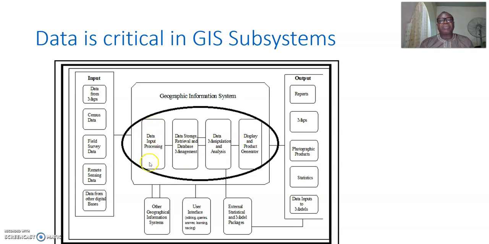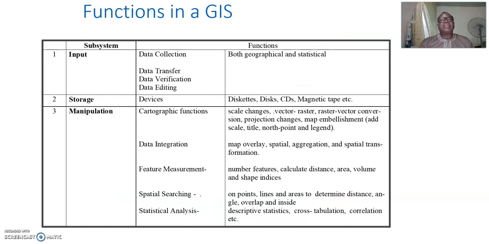We have data input processing, data storage and retrieval, data manipulation and analysis, and data display and product generator. All these are the critical components that make it very germane to any GIS system.